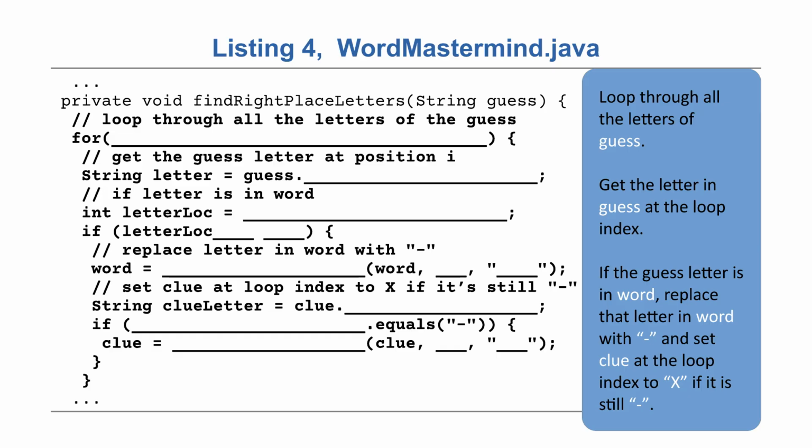Hint: use indexOf to get the index of a letter. If the index is greater than -1, you'll know it is in the word. Hint: use replaceStringAt to put the X in clue and the dash in word. Run it. What happened? It should have given the correct clue, dash X dash O.